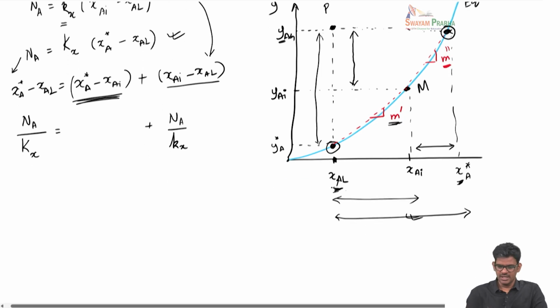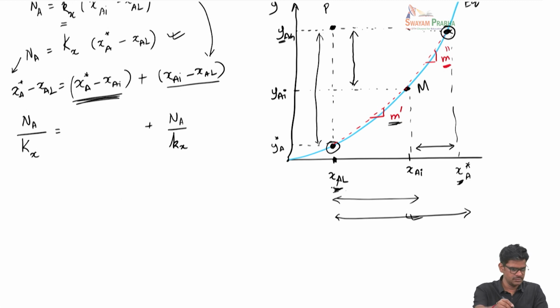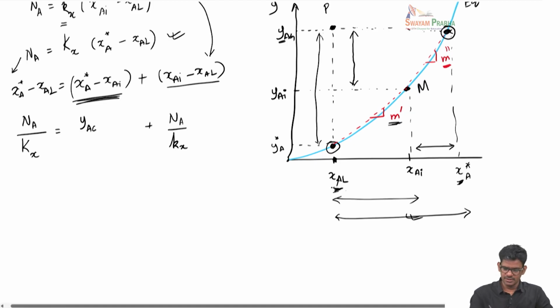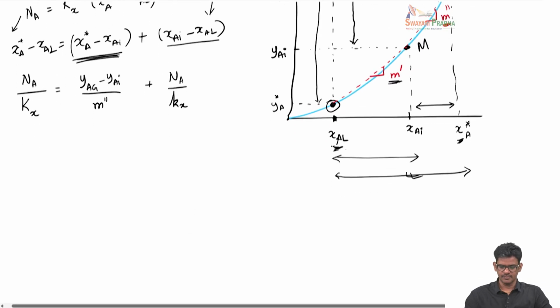So with this, we can now write XA star minus XAI as YAG minus YAI by m double prime. And we already know that YAG minus YAI can be also written as Na by small ky times m double prime.